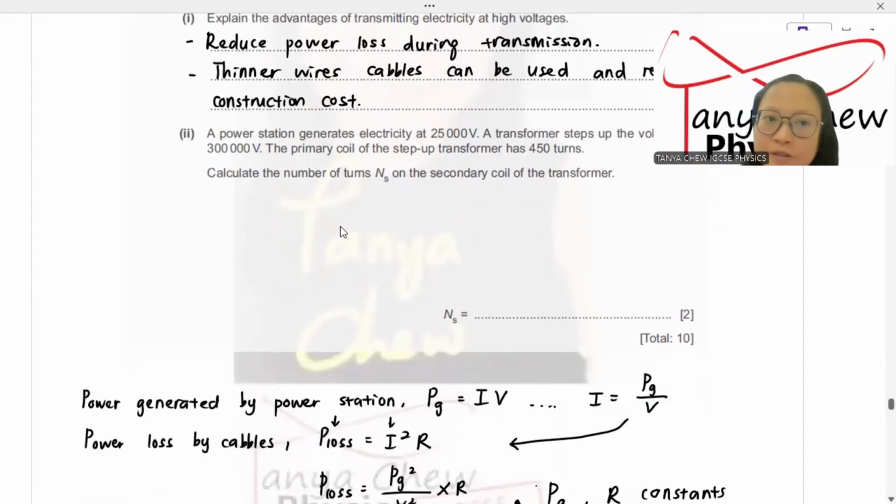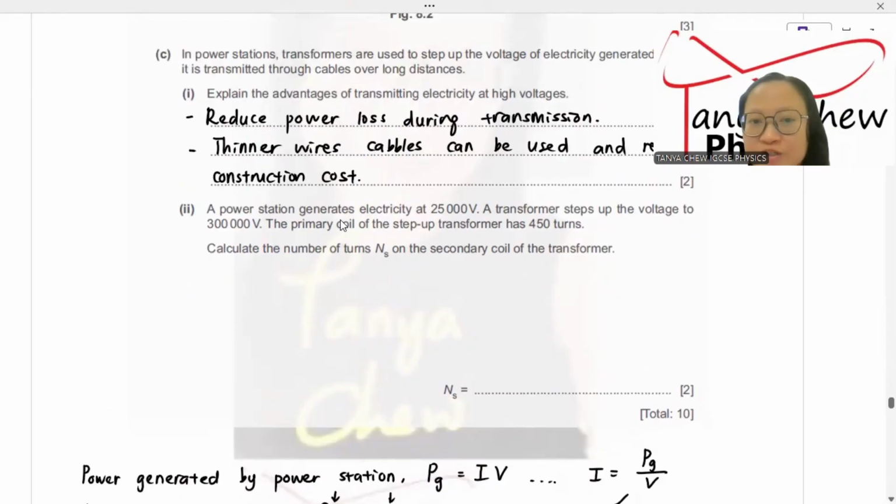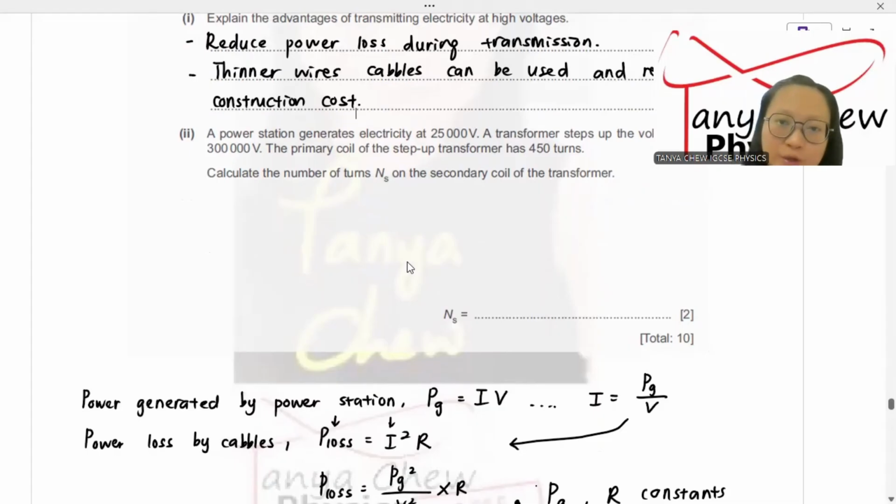Now, the second part. A power station generates electricity at 25,000 volt. A transformer steps up the voltage to 300,000 volt. The primary coil of the step-up transformer has 450 turns. Calculate the number of turns Ns on the secondary coil of the transformer. So, number of turns, remember, Ns over Np is equal to Vs over Vp.